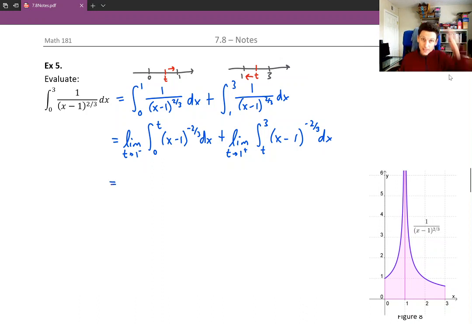All right. Now we can find the antiderivative of the first integral. Remember, we add 1 to the exponent here to give us a 1/3, and then divide by a 1/3, which is like multiplying by 3. So we'll have 3 times x minus 1 to the 1/3.